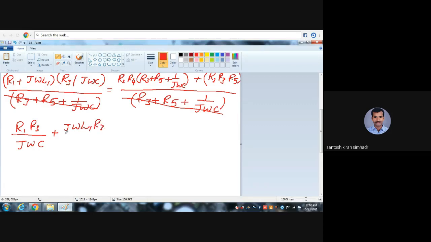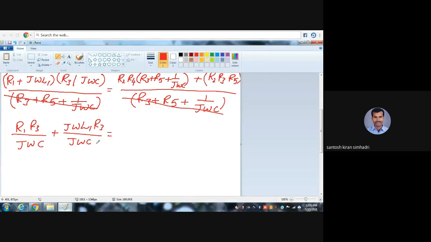Vandana, kindly verify while I am writing the expressions, because there is a chance to get it wrong. So finally R1 into R3 by j omega C plus j omega L1 into R3 by j omega C equal to, kindly help me.